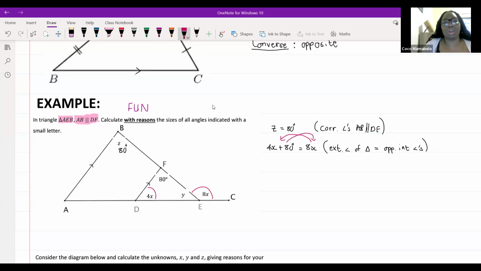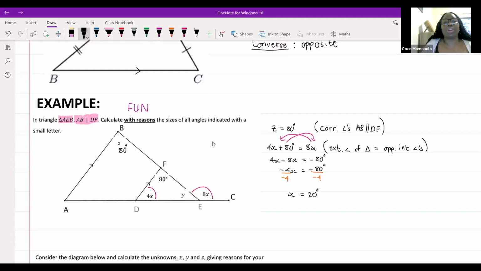So I end up with 4x minus 8x is equal to negative 80. That gives negative 4x is equal to negative 80. Then we divide by negative 4 on both sides, and that gives me x is equal to 20 degrees.